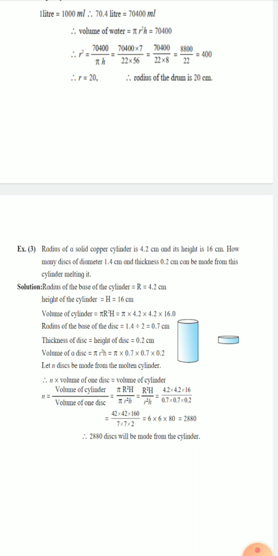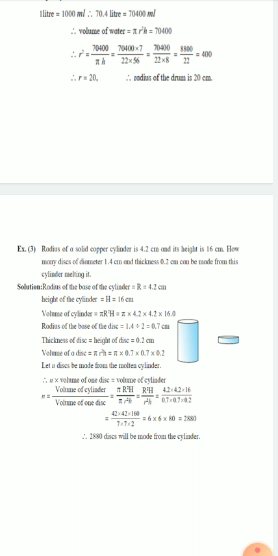Okay, so it will be easier for us. So the radius of the base of the cylinder is 4.2 centimeter and the height of the cylinder, capital H, is 16 centimeter. So volume becomes pi into capital R square into capital H.